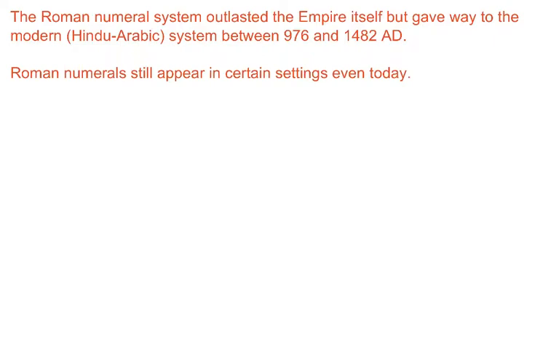This was the dominant system in basically all of Europe, though, all the way up through that whole time era. It began to be supplanted by what we think of as the modern system, which is actually, we're going to find out, the Hindu-Arabic system, which gradually supplanted the Roman system between 976 and 1482 AD. And that became the dominant system.